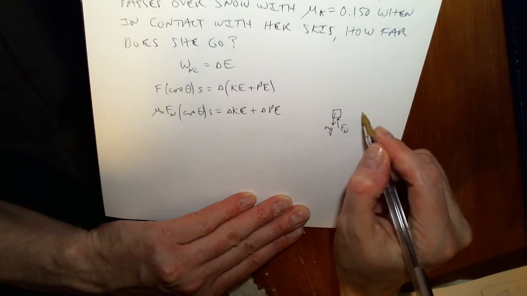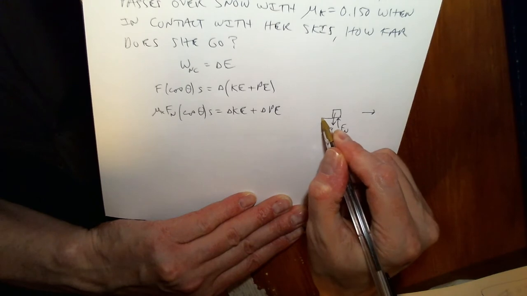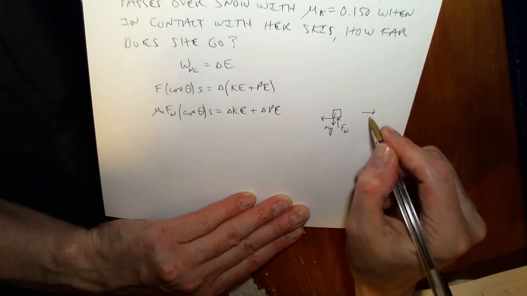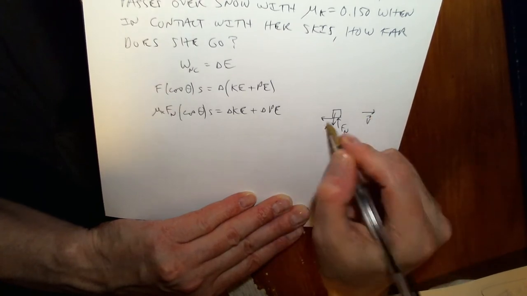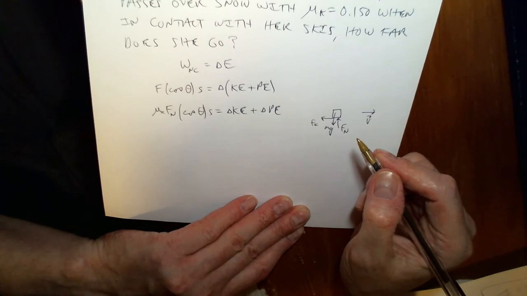Remember, if the person is going this way, then the kinetic frictional force opposes the velocity, so it points in the other direction. And so this is Fk. And there are no other forces in the problem.